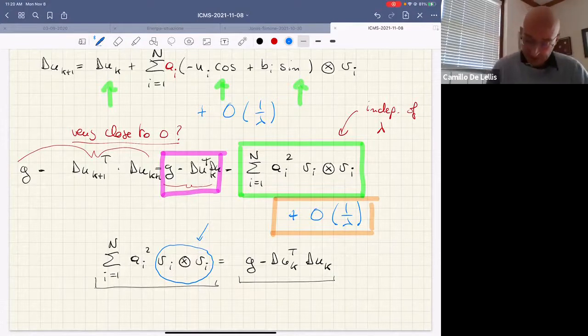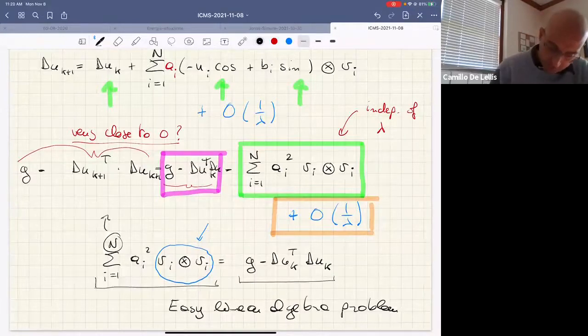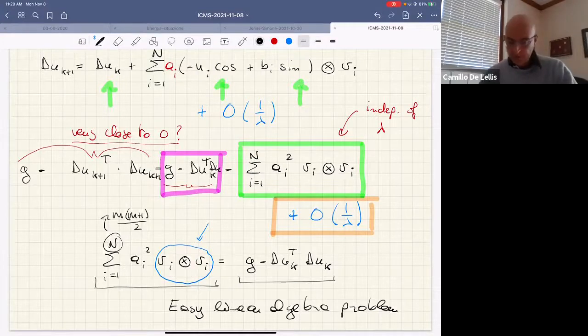So this is an easy linear algebra problem, and you can even guess locally how you want to do it. You can guess that locally you can do it with a number n, which is in fact the dimension of the symmetric matrices. So you should be able to do this with something like n times n plus 1 divided by 2 vectors. I believe this is m in my notation thus far.